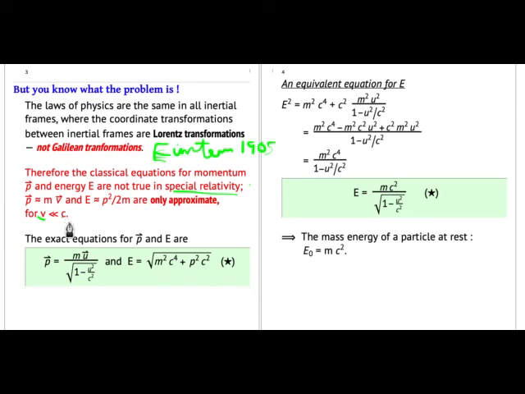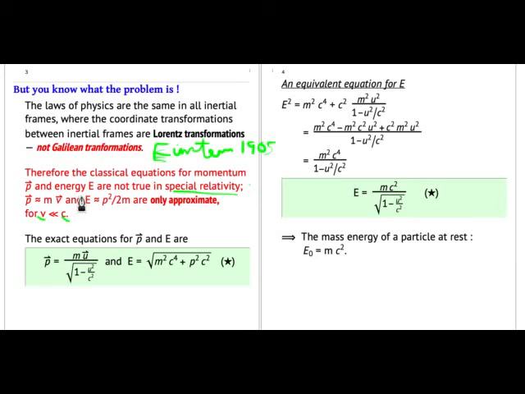Now, in everyday life, nothing moves at the speed of light except for light. But objects move much slower than the speed of light. So Newtonian physics, classical physics, will be a very good approximation in everyday life, in engineering.